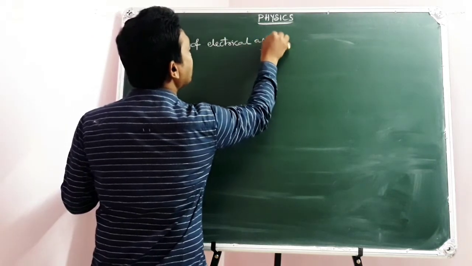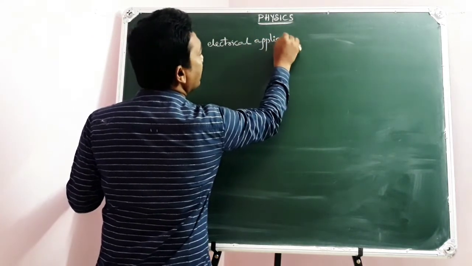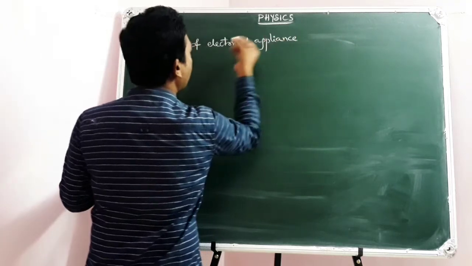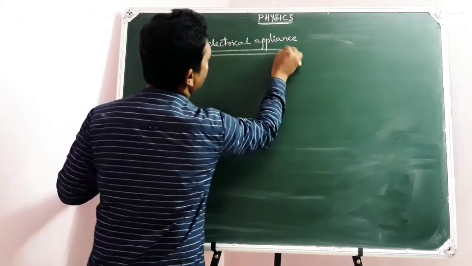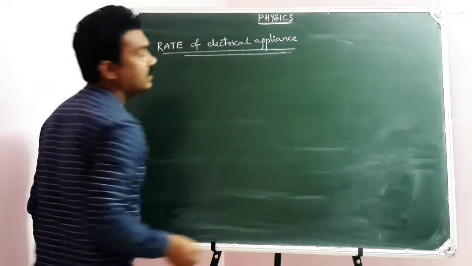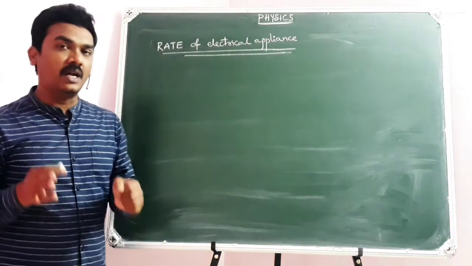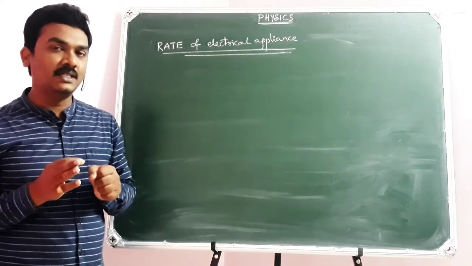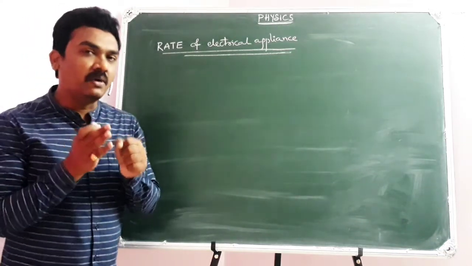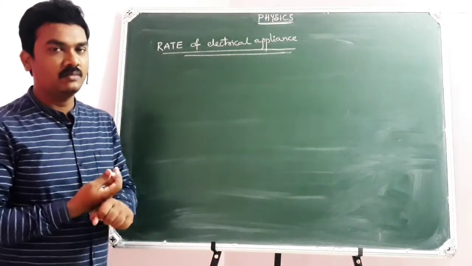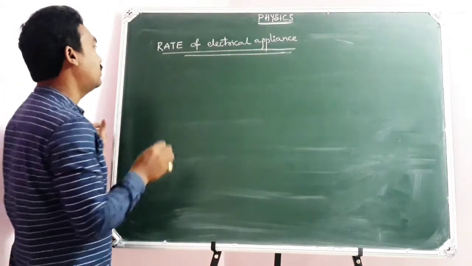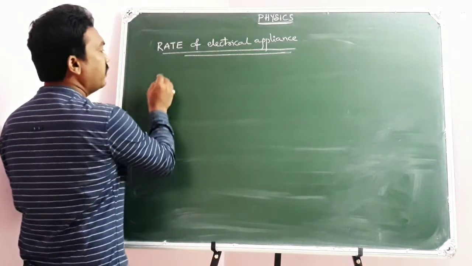Don't think that, as I said, rate of electrical appliance, it's a cost. Don't think like that. Rate of electrical appliance will indicate the electric power of the appliance at a particular given voltage. Let me tell you with an example.